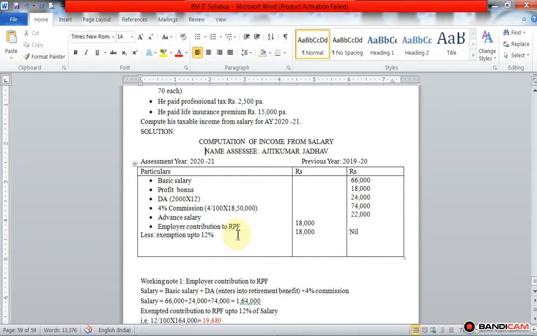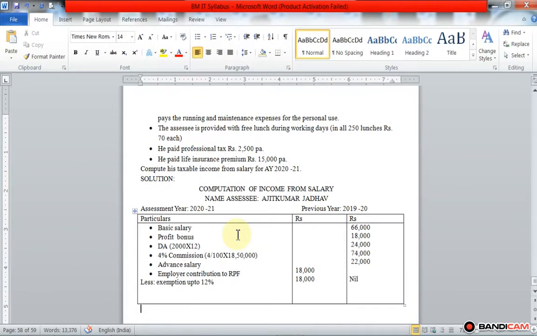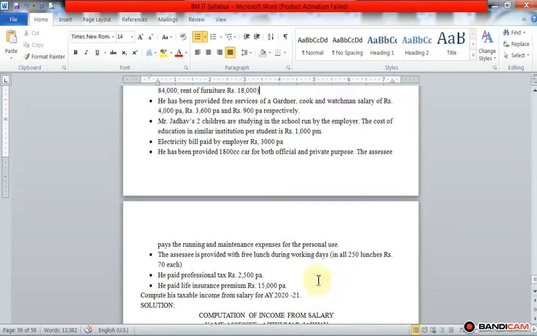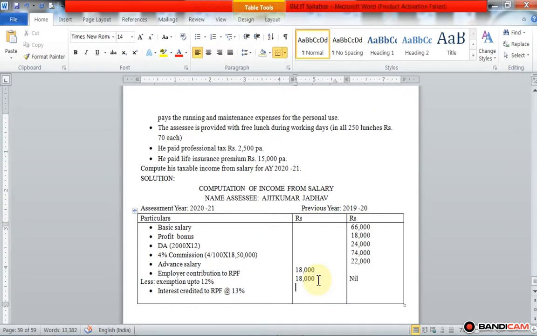The next one is the interest. Interest credited to RPF at the rate of 13%, amounting to rupees 13,000.